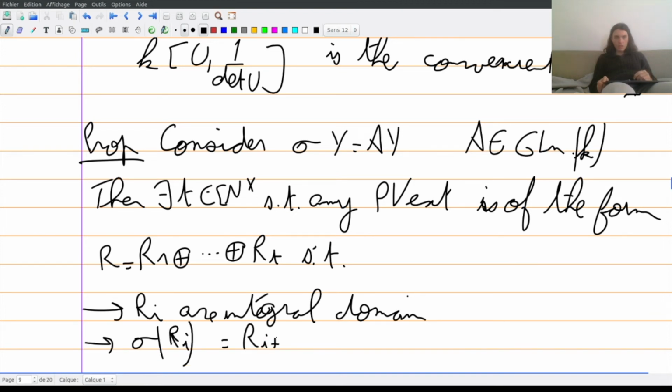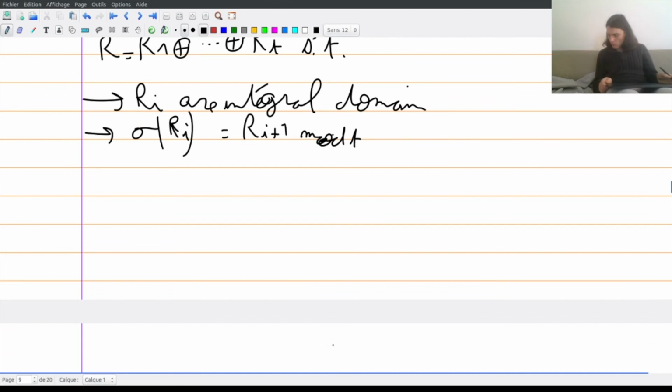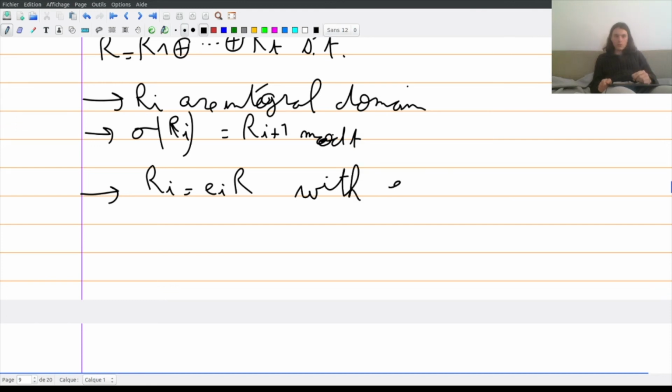Sigma of Ri equals R(i+1) modulo t, so it means that sigma of Rt is R1. And Ri equals ei times R, with e1, ..., et that belong to R, and ei ej equals 0 if i is different from j, and ei otherwise.